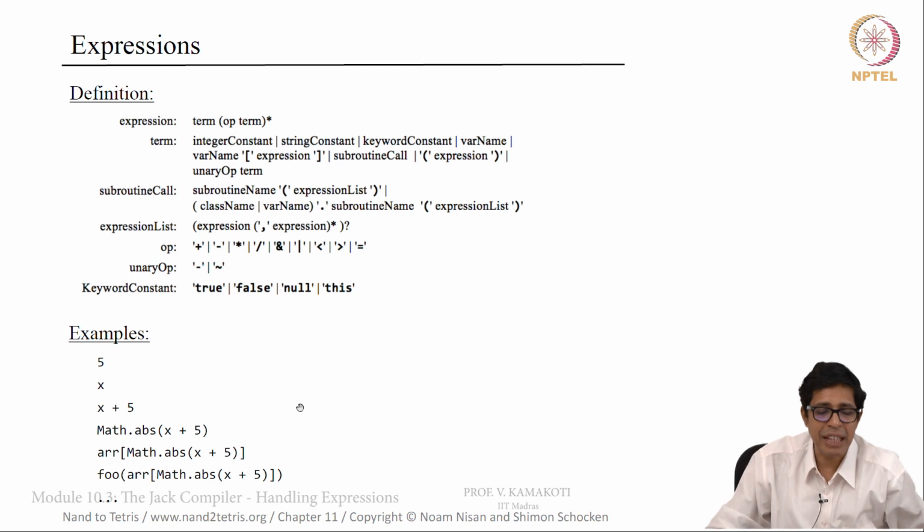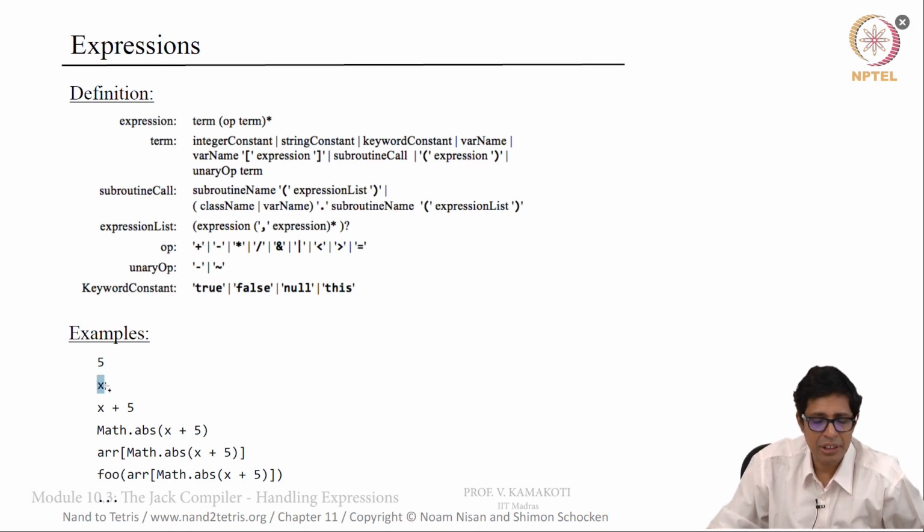So, let us give some examples of term. 5 is a term, x is a term, and x plus 5 is also a term, right. It is term op term. X is a term, 5 is a term, plus is an operator, so x plus 5 is an expression. Now, if you look at the subroutine call, Math is a class name.